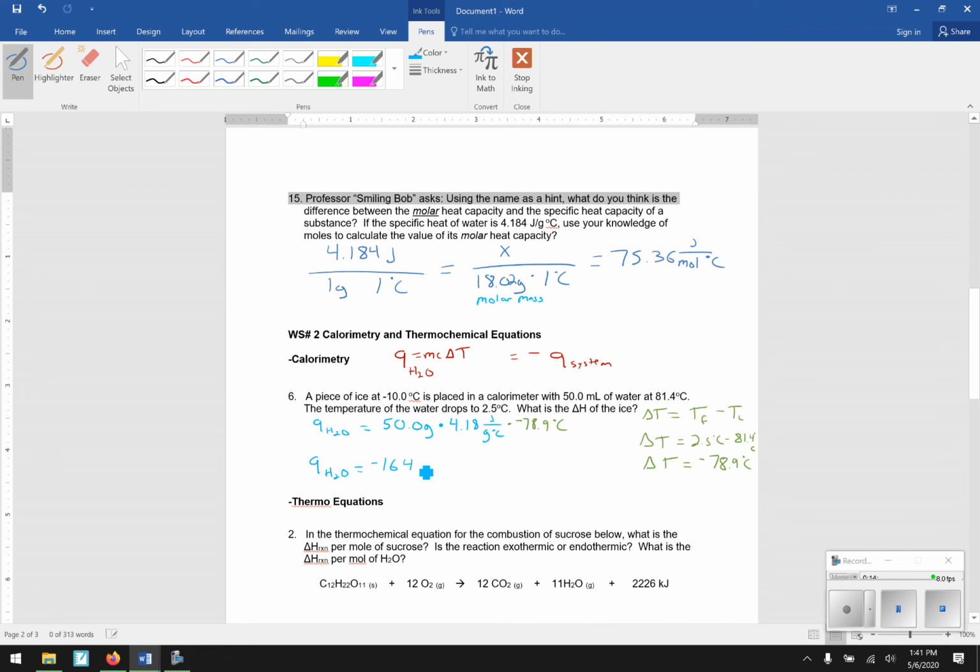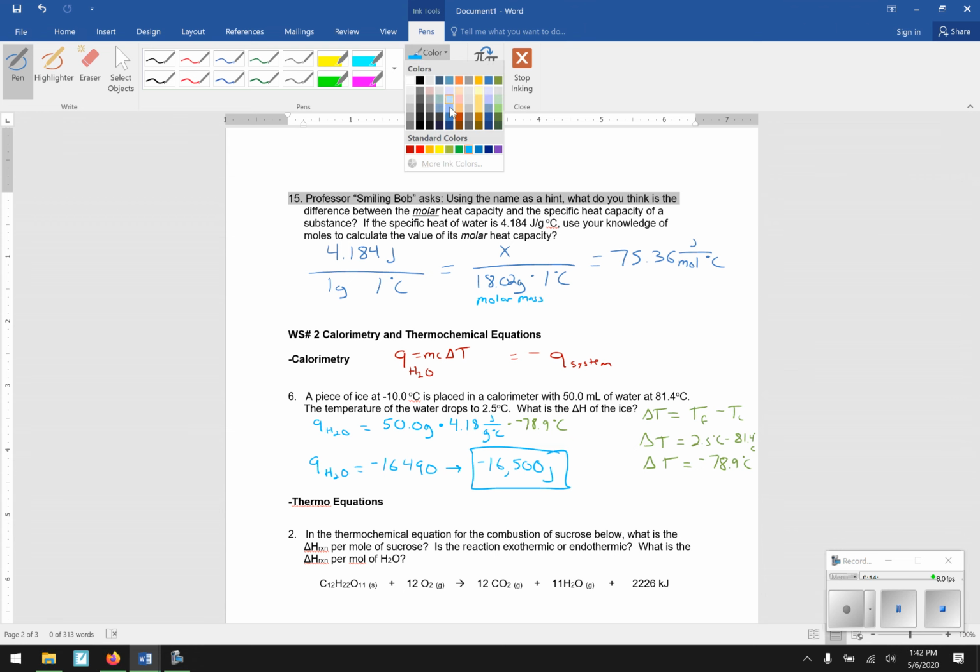Because I am working with sig figs, and I have 3 sig figs here, and 3 here, and 3 here, I'm going to go to negative 16,500. 490 would round to 500. So that's the Q of the H2O.